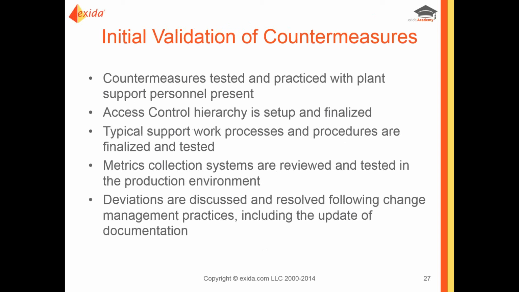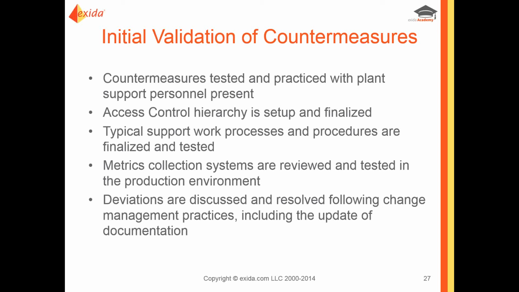Initial validation is like the initial proof test of a safety instrumented system, only now we're looking at cybersecurity countermeasures. You've got to make sure that they're tested and practiced with the plant support personnel, because in a number of cases, we have things that slow an attack down that needs to be responded to.